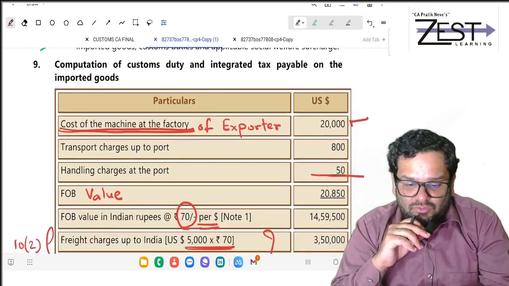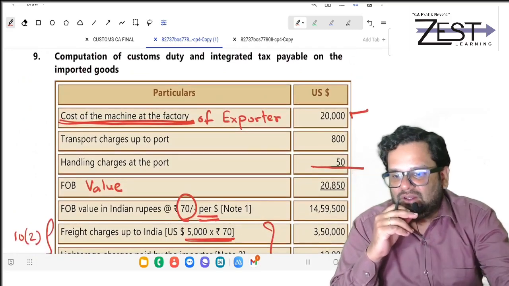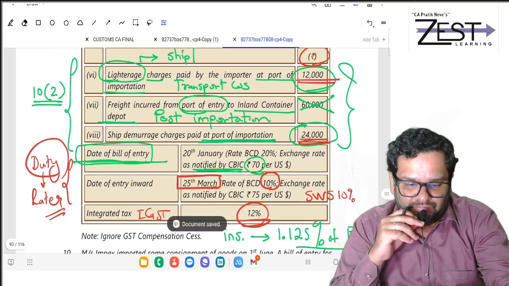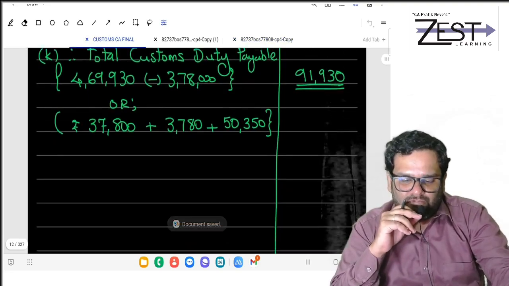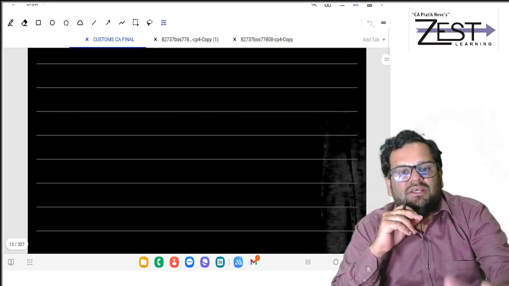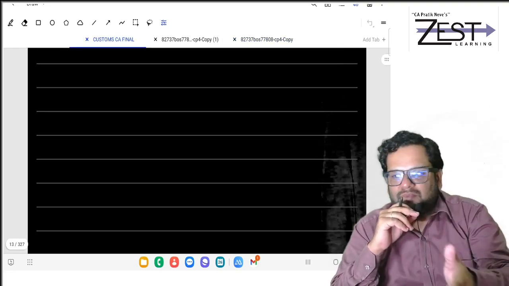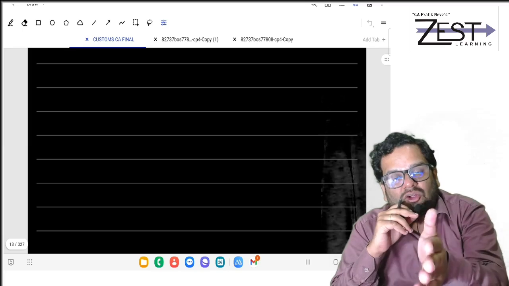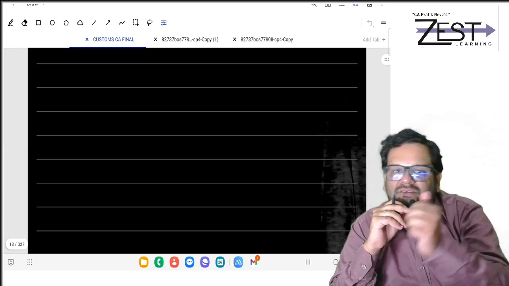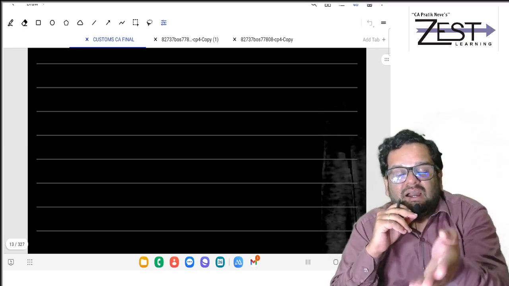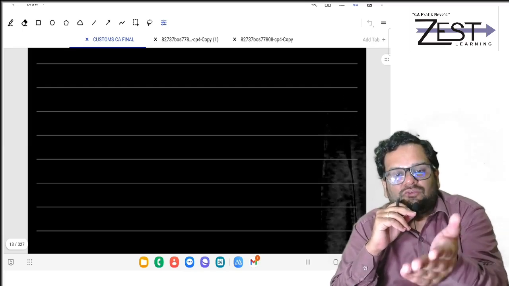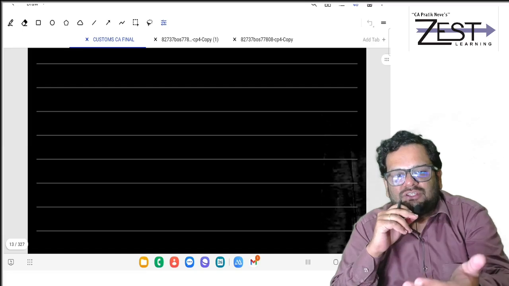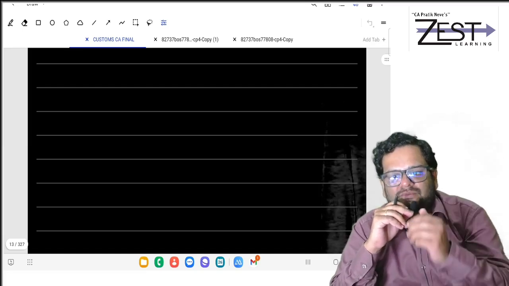This is one of my favorite questions in the entire customs. You know why? Because this question has all possible adjustments. In this question, a lot of basic concepts are getting revised. That as on which date to take rate of exchange, as on which date to take rate of duty, isn't it?